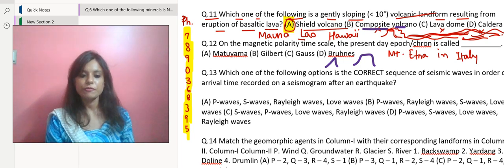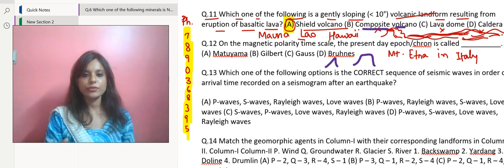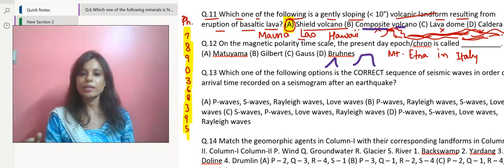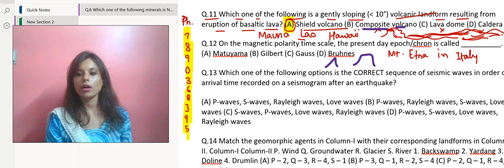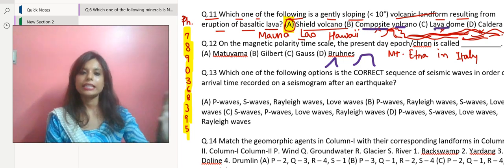So here lies the difference. So stratovolcanoes or composite volcanoes are steep-sided mountains which are formed by the eruption of viscous lava and ash. Okay, that was all about the composite volcano, that it is formed by the eruption of viscous lava and ash.